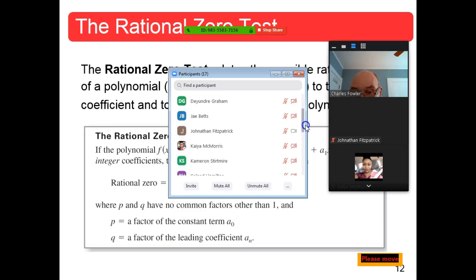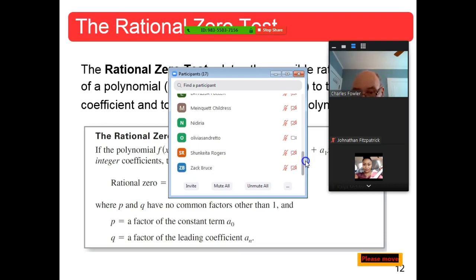Kaya, Cameron, Keelan, Kennedy, all K's there. What is that? 4 in a row. No, 5 in a row. Kwame, Latrissa, Minuet. Now, they put them in alphabetical order, don't they? Of the first name, or whatever your call is. Olivia, Sean, Zach. Okay. I think I got everybody.